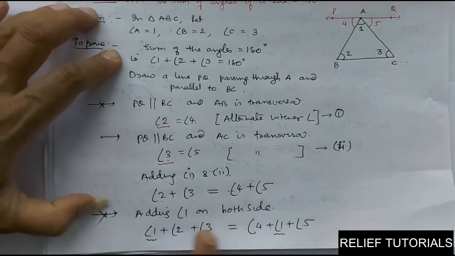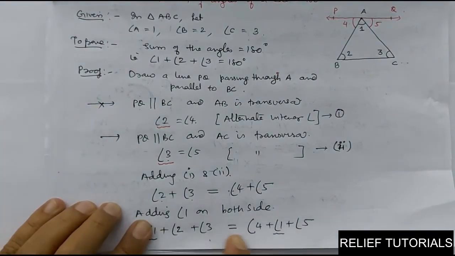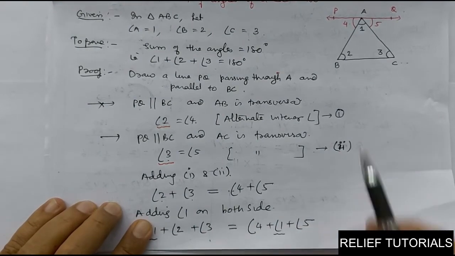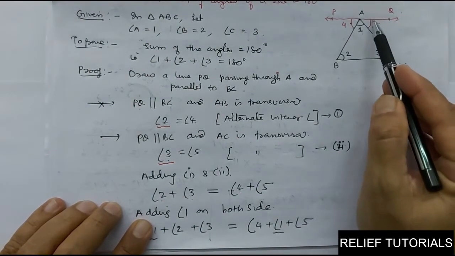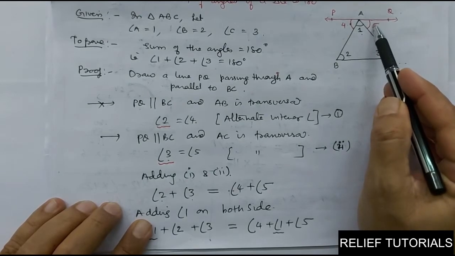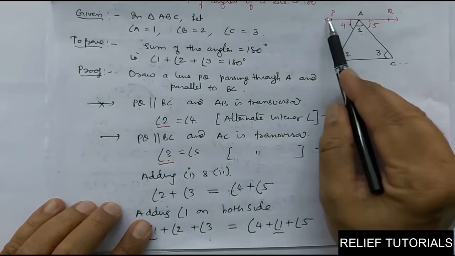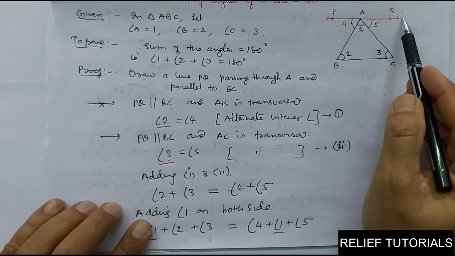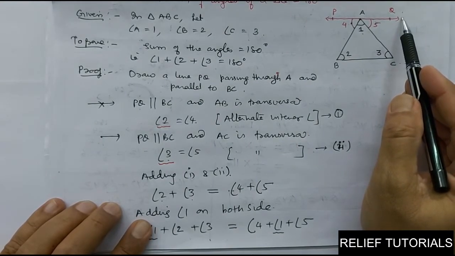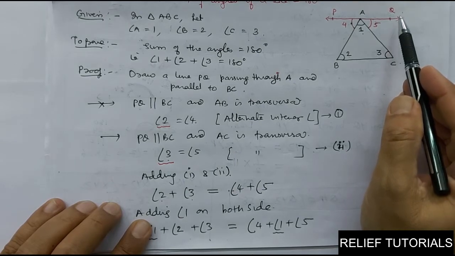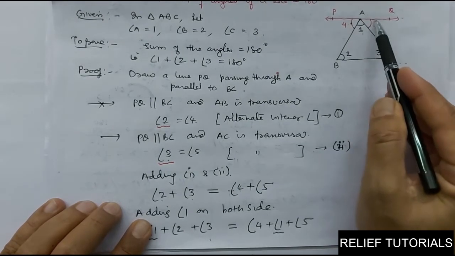Now angle 1 plus angle 2 plus angle 3 is equal to 4 plus 1 plus 5. So you see, 4 plus 1 plus 5, the sum of all these three angles will be 180. Why? Because they are angles on a straight line. Linear pair axiom I can say, that is, the sum of the angles formed on the same side of a line at a given point on the line.